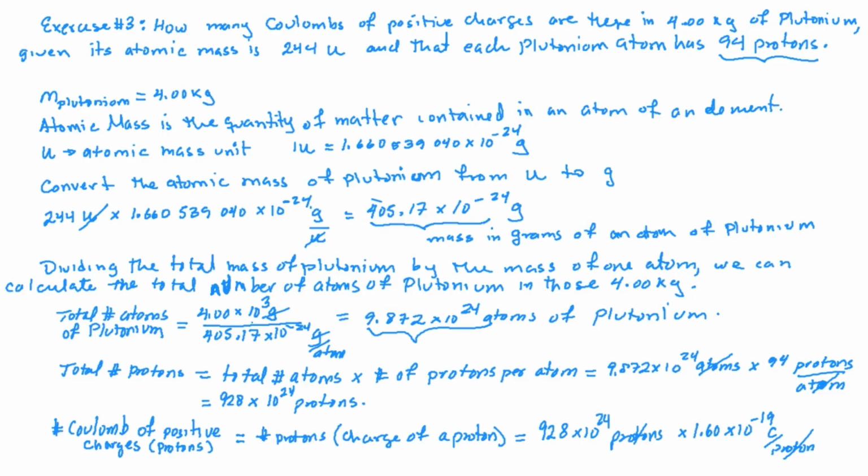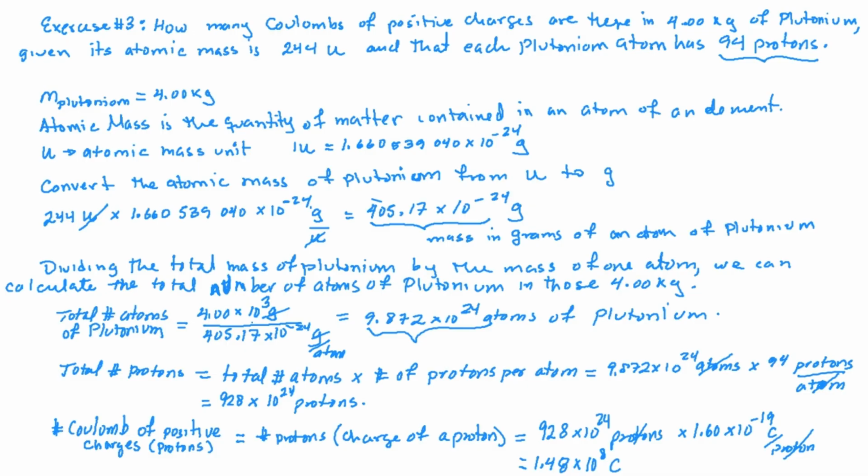The protons cancel out, and we get as a result 1.48 times 10 to the 8 coulombs.